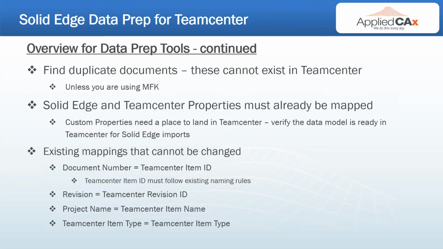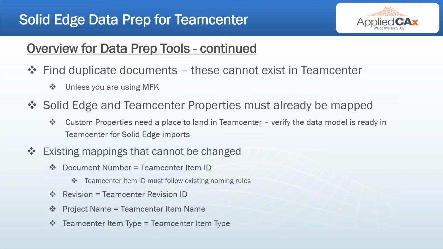The revision field in the Solid Edge file is the revision ID field in Teamcenter. The project name property in our Solid Edge files will be our Teamcenter item name. So this one's a little unusual, but it's okay. I'll show you how to work through it.